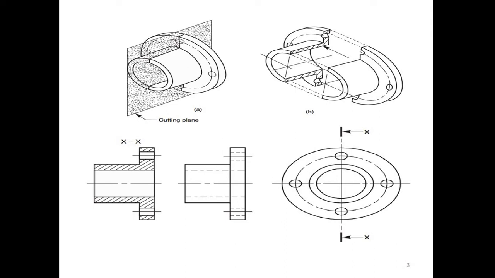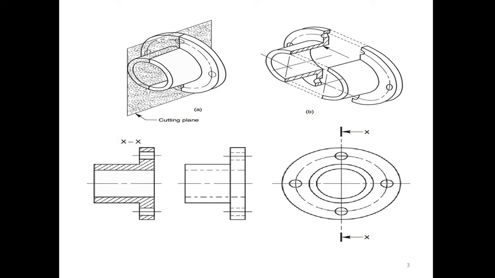Considering this hub, there is an inside bore which is not visible from the front view. So the cutting plane XX is taken, and when it is cut at section XX, the inside diameter, called the bore, is clearly visible.